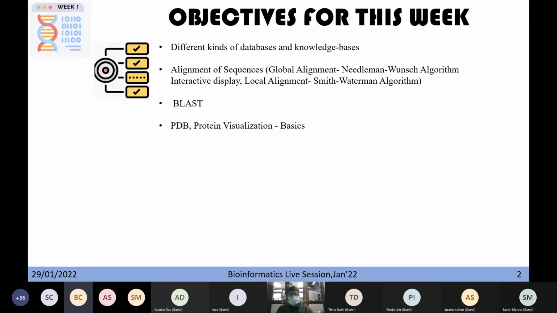So, to bring everyone to the same stage so that everyone gets an idea about the basics of bioinformatics, and then we will look at the varied applications. Then we will look at some of the sequence alignment algorithms like the Needleman-Wunsch algorithm or the Smith-Waterman algorithm, and BLAST, which is extensively used worldwide for various bioinformatics applications in molecular biology.